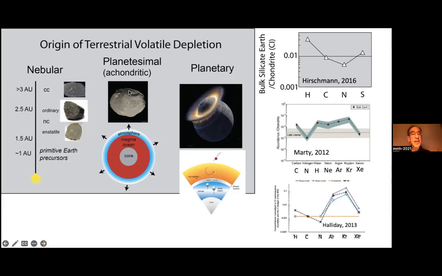We can talk about the planetesimal portion of it, and then we can talk about the planetary portion of it. The planetary portion might be blowing away atmospheres by giant impacts or segregation of volatiles into the core. But it's the planetesimal portion that I'm going to emphasize. And again, I'm going to use iron meteorites to try to understand something about the planetesimal portion.